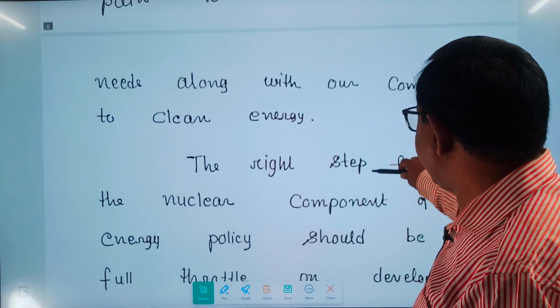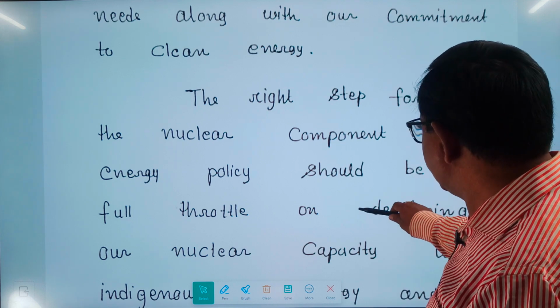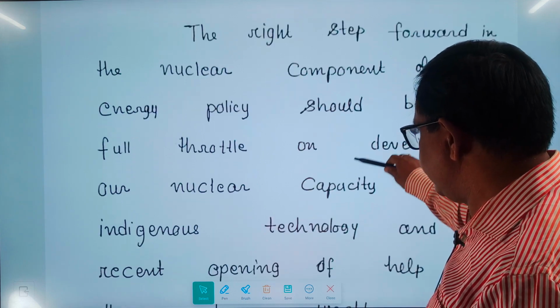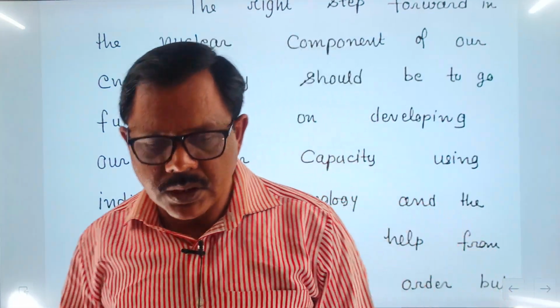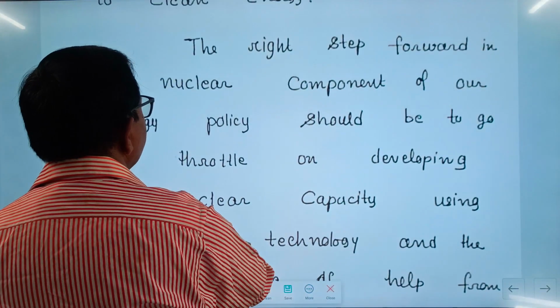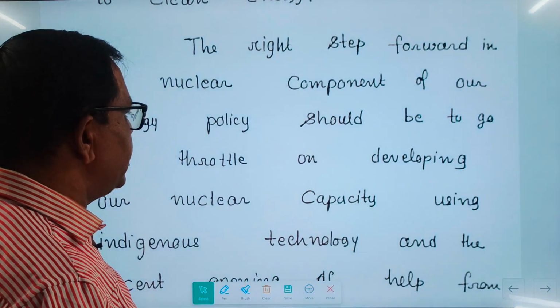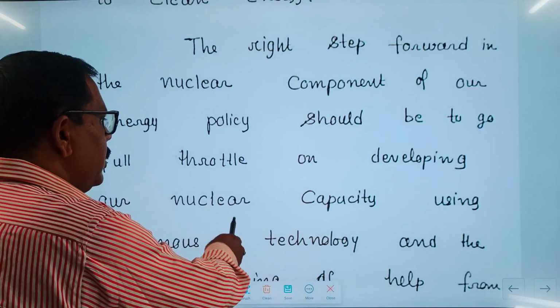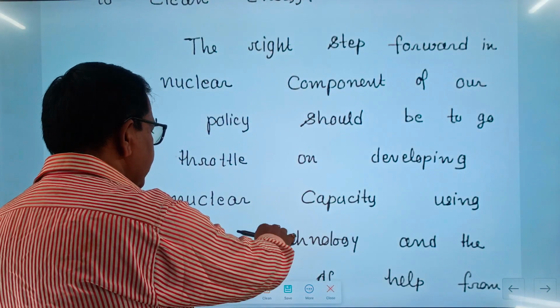The right way step forward for the nuclear component of our energy policy should be to go full throttle. Throttle means here to suppress, कुचलना, दबाने के संदर्भ में. So again you write, the right step forward for the nuclear component of our energy policy should be to go full throttle on developing our nuclear capacity using indigenous technology.